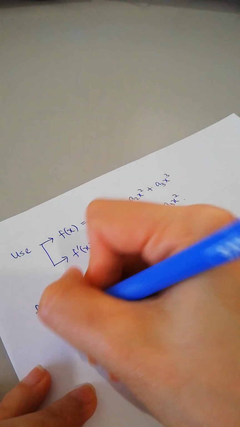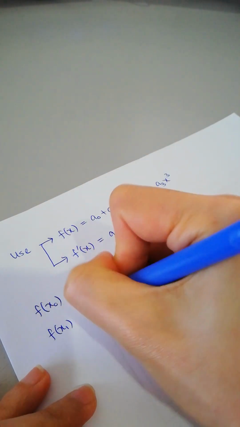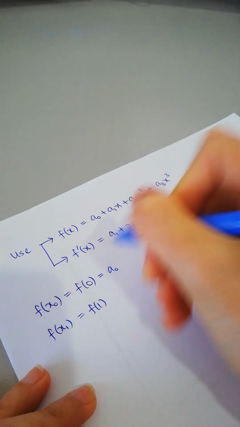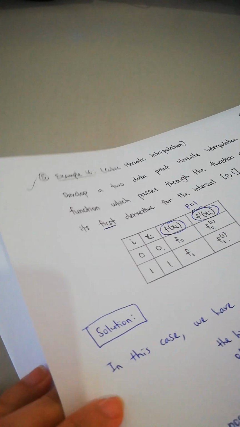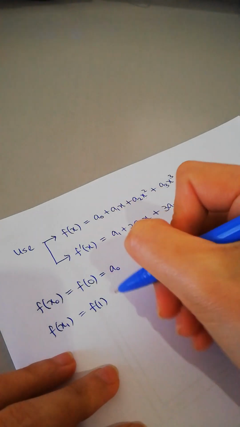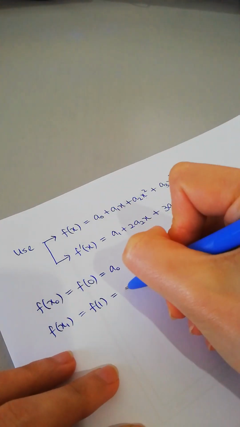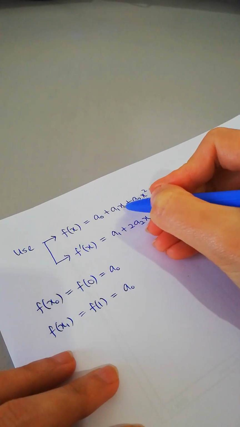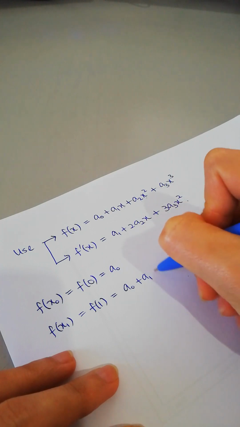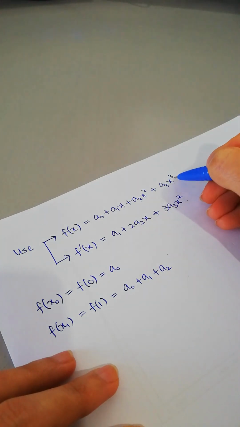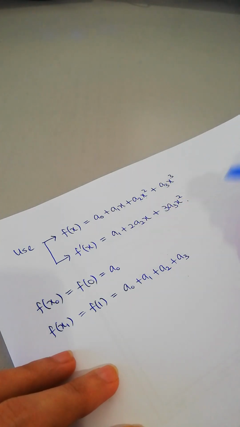Okay, next, what is our fx1? That is equal to f1. This is your x1, so it's 1. So what is the value? You substitute x equal to 1, so a0 you copy, and then a1 times 1 gives you a1, and a2 times 1 squared gives you a2, and a3 times 1 cubed gives you a3.